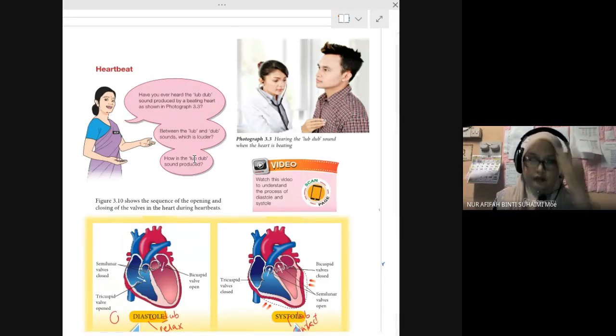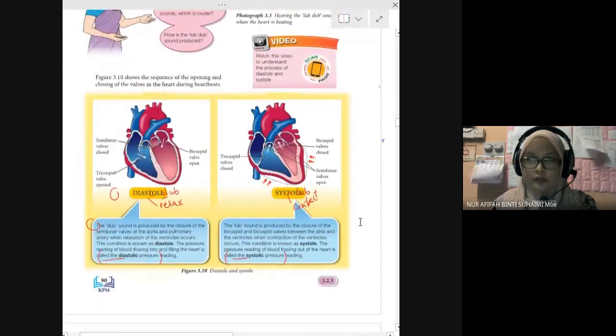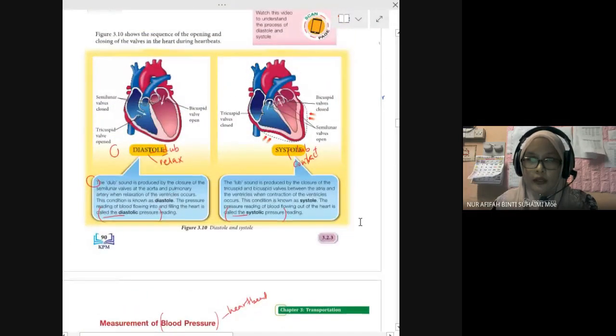Okay, heartbeat. You need to know where the lub-dub sound is produced and the reading of the heartbeat, and how we measure the heartbeat. If you look at the two diagrams here, we have diastole and systole. Diastole refers to the condition of our heart when it is relaxed.